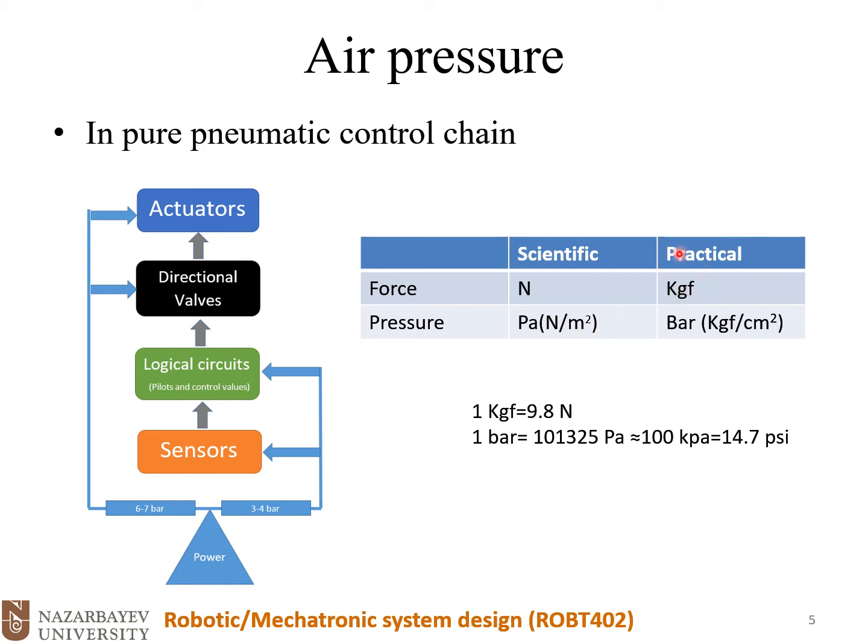Practical units for force, for example, is kilogram force, and for pressure is bar, which is kilogram force per square centimeter. 1 kilogram force is equal to 9.8 newtons, so basically the weight of 1 kilogram mass.